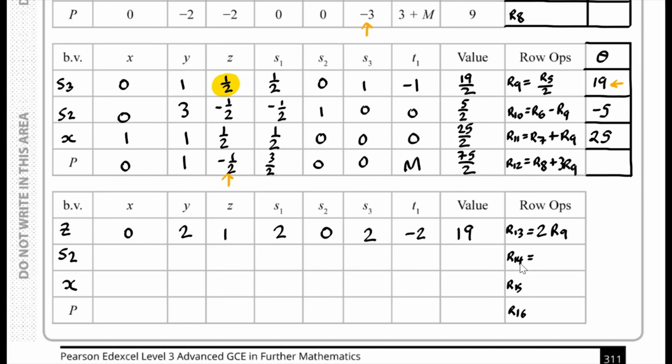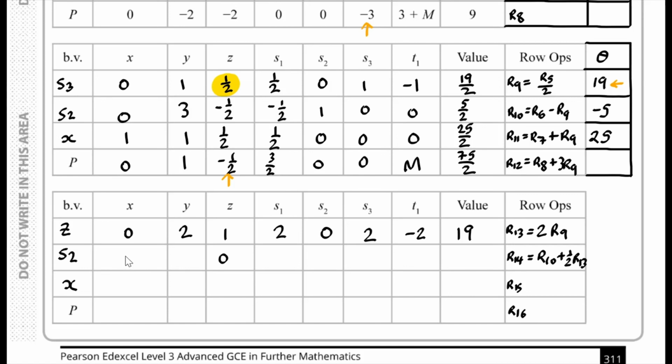In terms of row 14, in relation to row number 13, well, row 14, that's row 10, and then here we would have to add on a half of row 13 to get this to be 0.